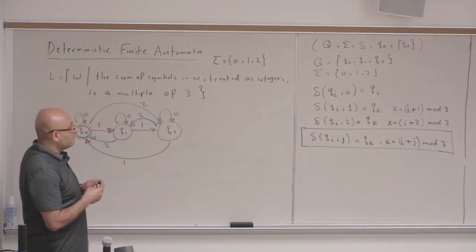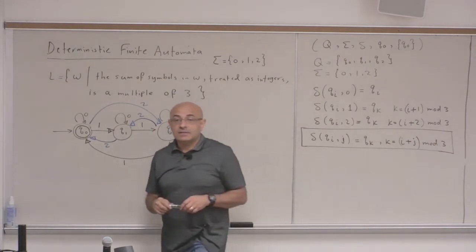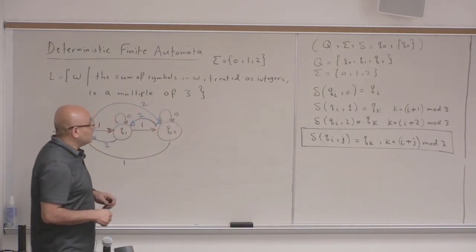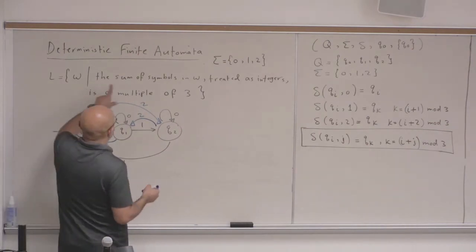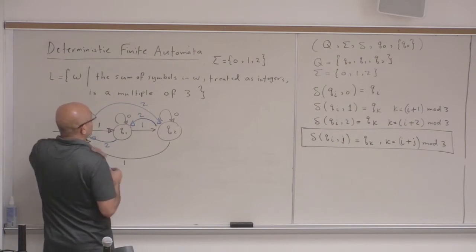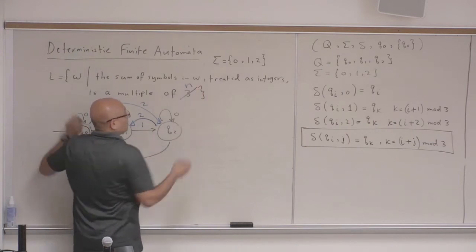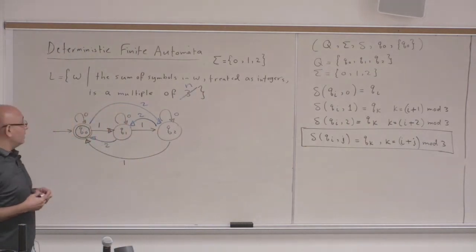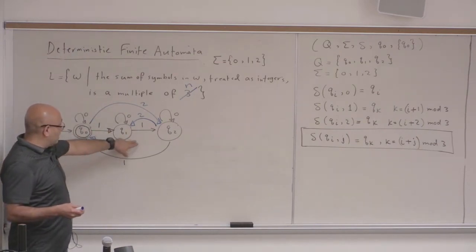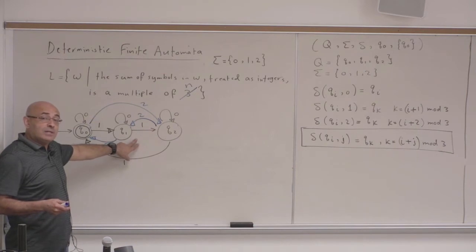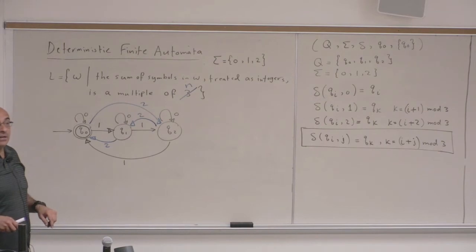In fact, the good thing about this mathematical description is that if I change the problem so that the sum of symbols in w treated as integers is a multiple of n, then graphically, using the transition diagram, how would you draw a DFA with n states, general n?